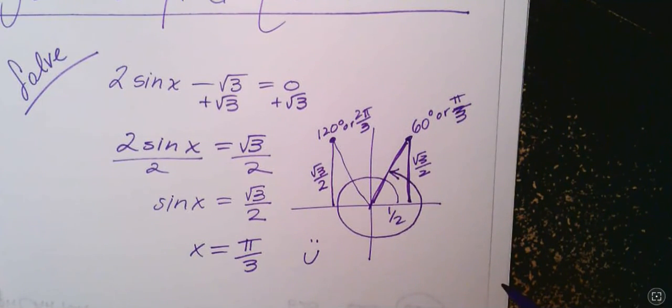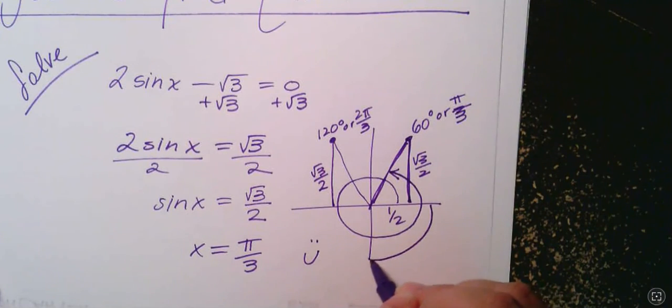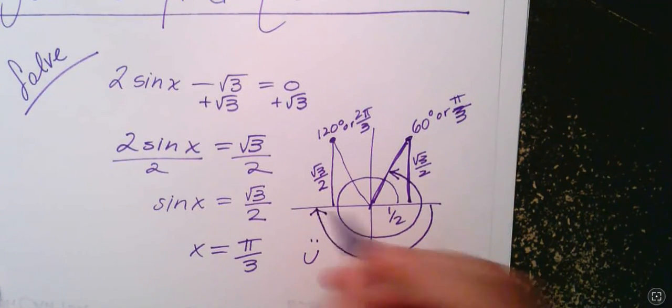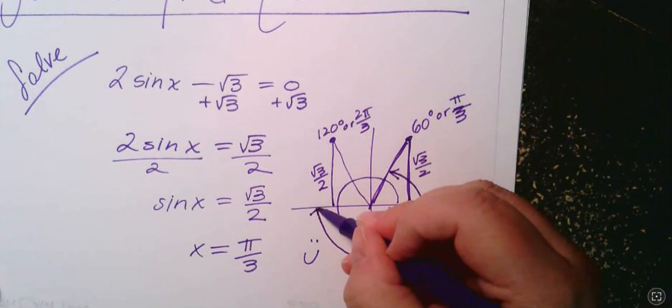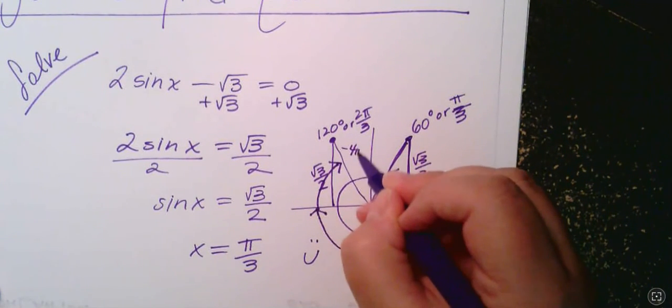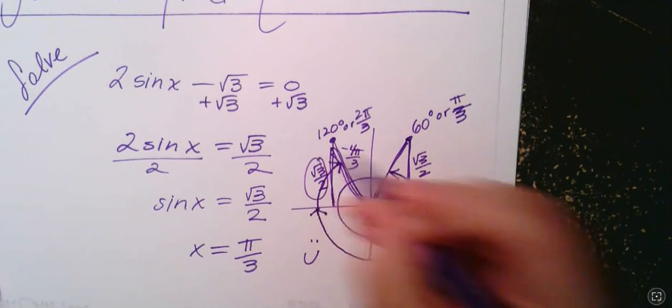What about the angle negative 5 pi over 3? Or for that matter, what about negative 4 pi over 3? Negative 4 pi over 3, I go this way, because I'm going negative 3 pi over 3, which is 1 pi here. Go another 1 pi, negative 4 pi over 3 is right here. So yeah, that location has a sine of square root of 3 over 2.